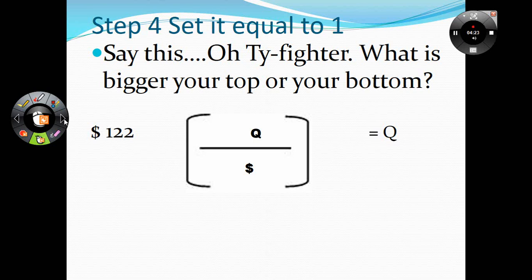So the biggest piece now is that I've got to set it up so that I know what my conversion factor is. I've got to figure out what is bigger. So you say, oh, TIE fighter, what is bigger, the top or the bottom? Let's look at this middle fraction. What's bigger, a dollar or a quarter?